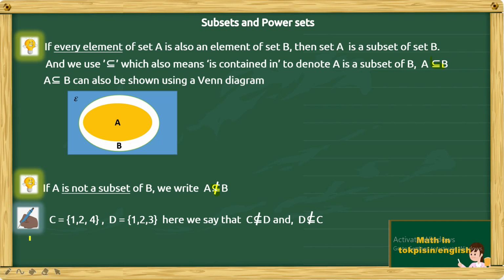Let's look at this example. C is equal to the set of elements 1, 2, and 4. D is equal to the set of elements 1, 2, 3.